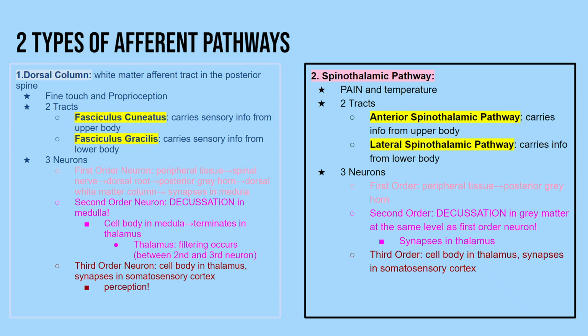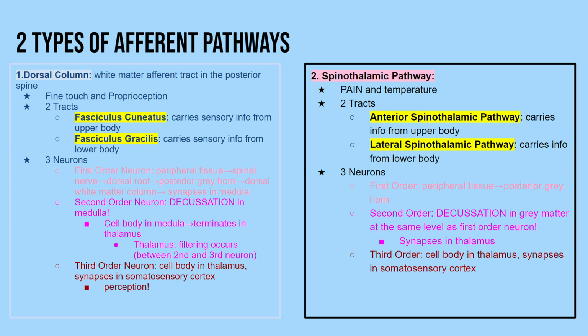So if you look at the dorsal column pathway, you have the fasciculus cuneatus, which carries sensory information from the upper body, and then the fasciculus gracilis carries sensory information from the lower body. So that's just something to memorize.